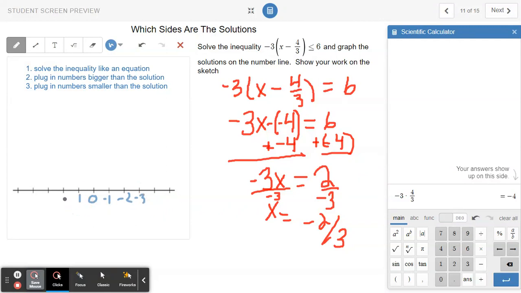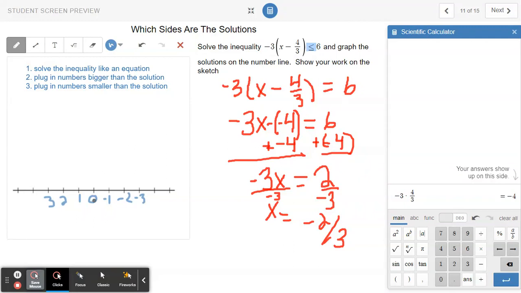This will be +1, 2, 3, and so on. So now I'm going to plot negative 2/3 on here, right? Now, I know that this isn't greater than or less than or equal to, so whatever, we could have this answer be negative 2/3.